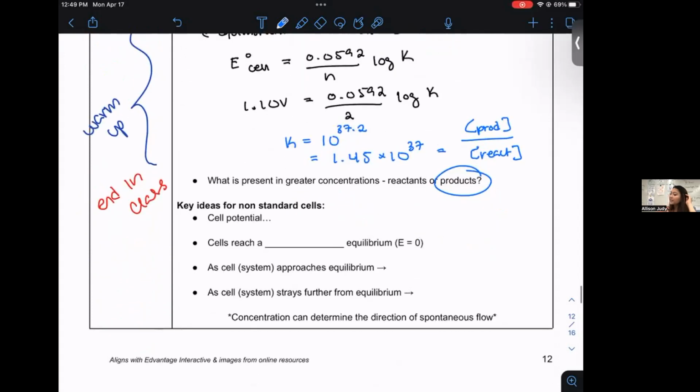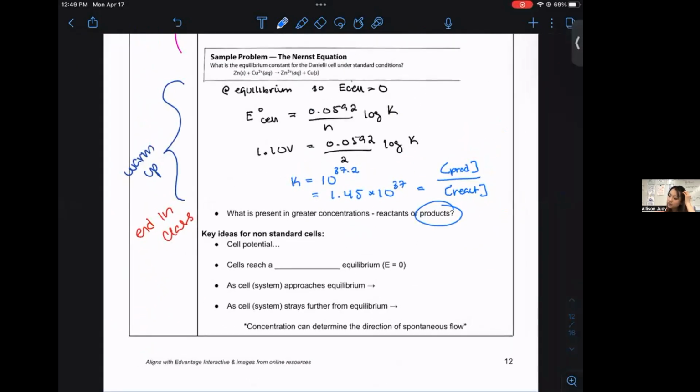All right, so key ideas for non-standard cells. You should remember the following. One, cell potential can act as a driving force to equilibrium. Depending on where your cell potential is under non-standard conditions, you want to get to the point where your cell potential is equal to standard condition cell potential, right?